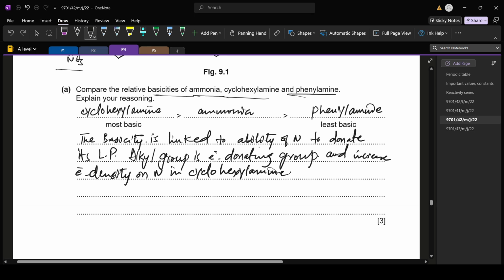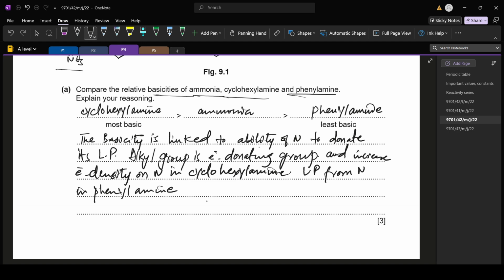Now let's explain this phenylamine. So why is phenylamine less basic than ammonia? Because the lone pair from nitrogen in phenylamine is delocalized into the ring.